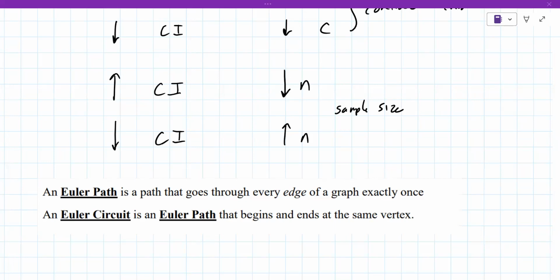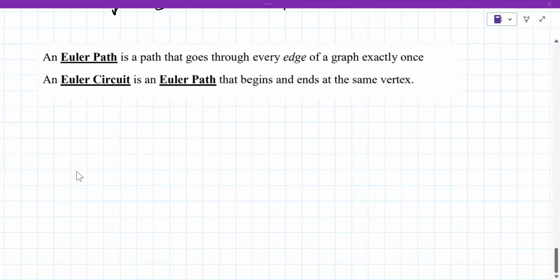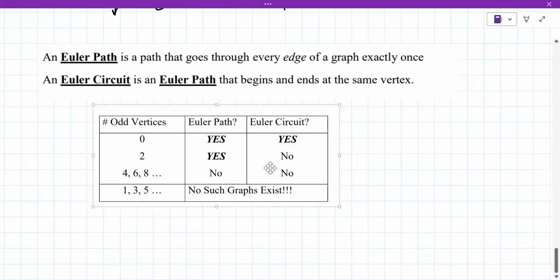And so there's a theorem that's kind of summarized. I would definitely put this on my reference sheet. They talk about the number of odd vertices, and whether that creates an Euler path, an Euler circuit, or neither, where no such one can exist.